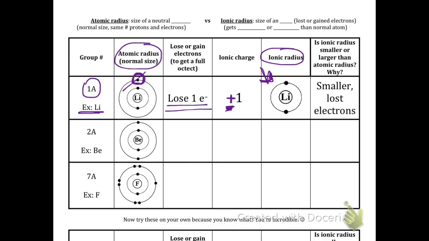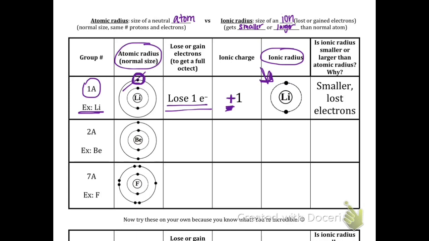So let's learn 2 more vocabulary words. Atomic radius is the size of a neutral atom. So a neutral element, what is its normal size? Okay, an ionic radius is the size of an ion after it has lost or gained electrons. So it's going to get smaller or larger depending on whether you gained or lost electrons.